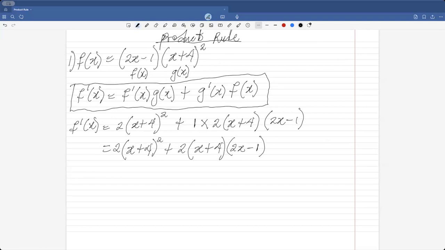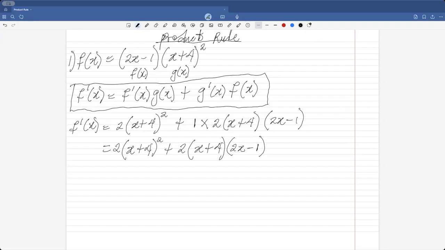So at this point, I think we have some things that are common. We can leave our answer this way, or we can simplify further, or we can actually factorize the function.